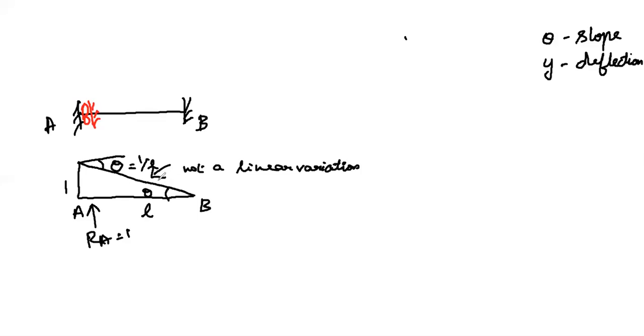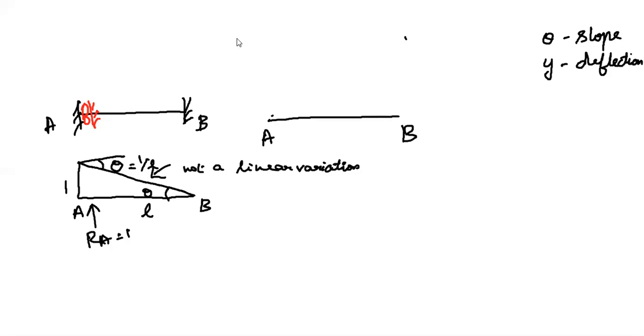So we know that if it is a simply supported beam, the slopes at both the supports are the same. But here this is a fixed beam. So what I am going to do is apply an anti-clockwise moment at the point A to make the slope equal to 0. See, this is your beam, this is the point A, this is the point B, right?